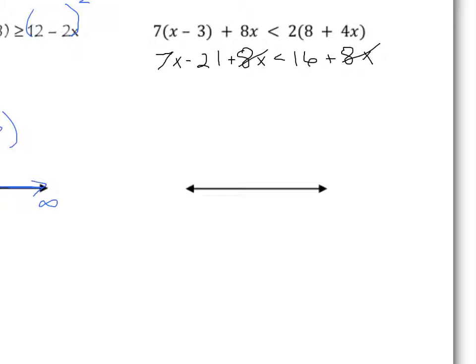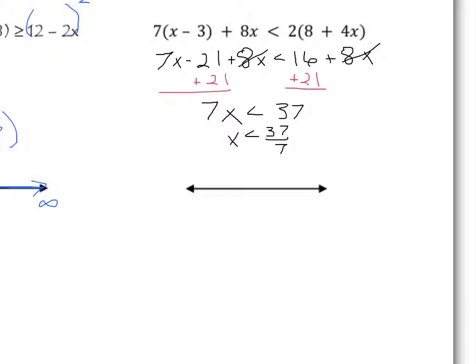And then you add 21 to both sides. And you get 7x on the left is less than 37, and then you have to divide by 7, which gives you x is less than 37 sevenths.